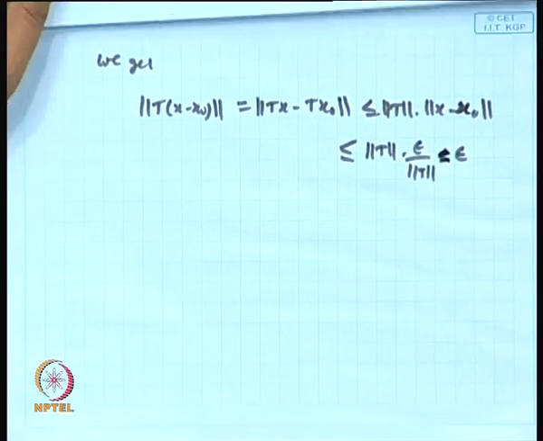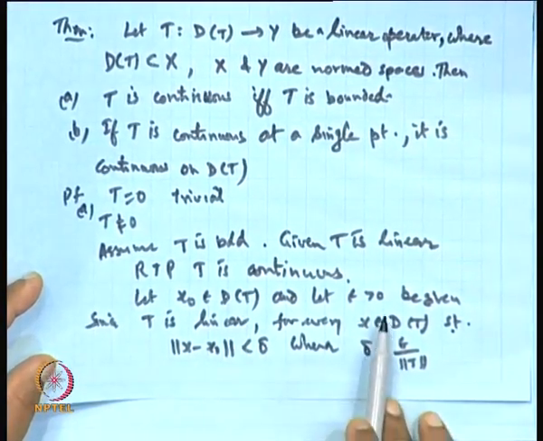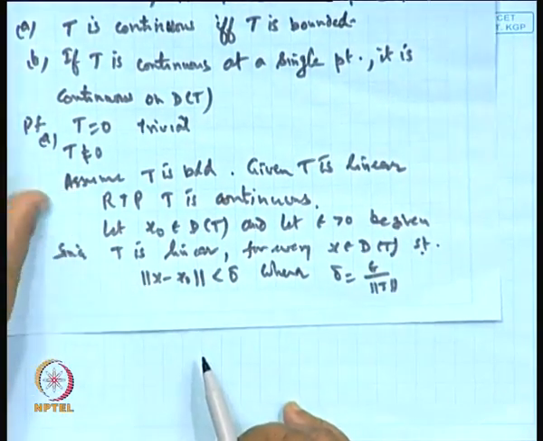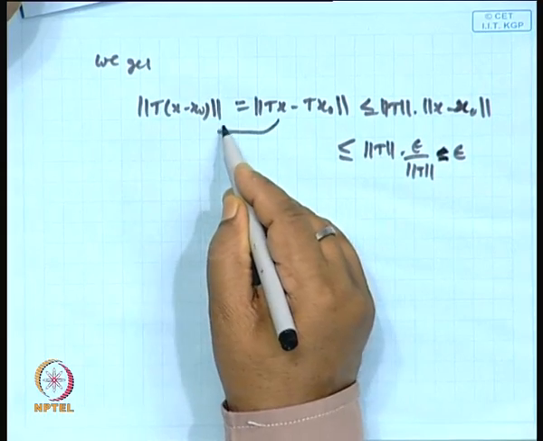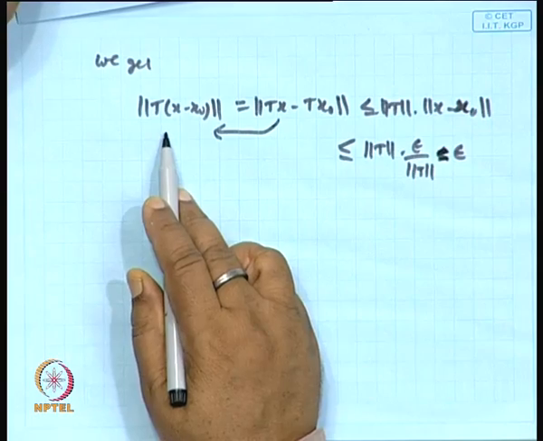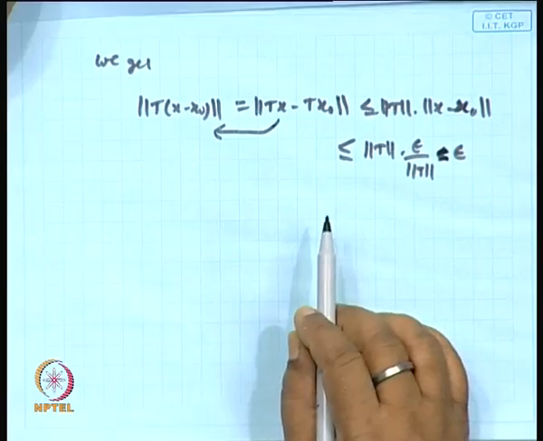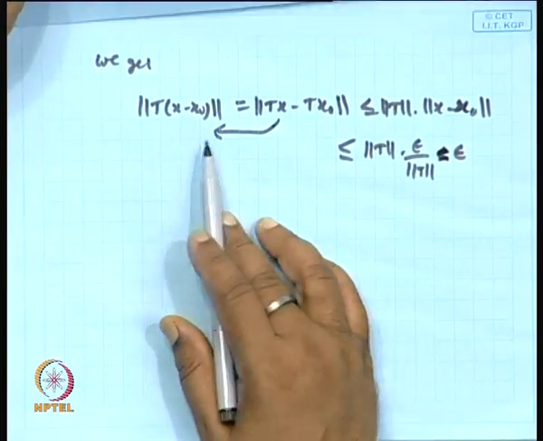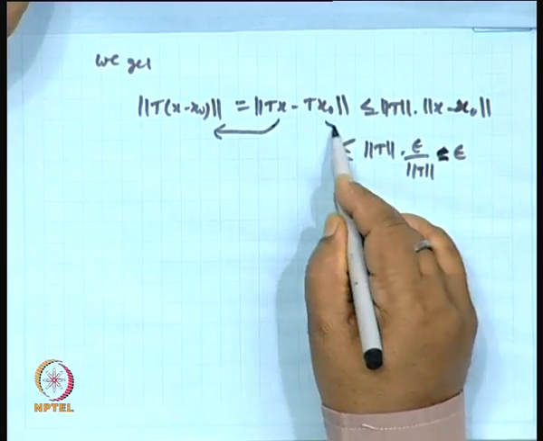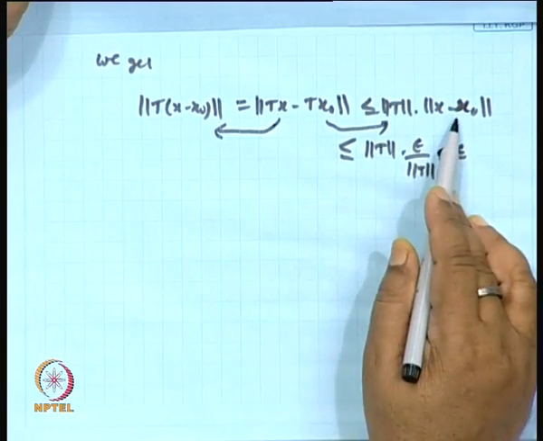It means that if I choose an arbitrary point x naught and epsilon greater than 0, then because T is linear, T x minus T x naught can be written as T of (x minus x naught), and because of the boundedness we can write norm of T x is less than or equal to norm T into norm of x.